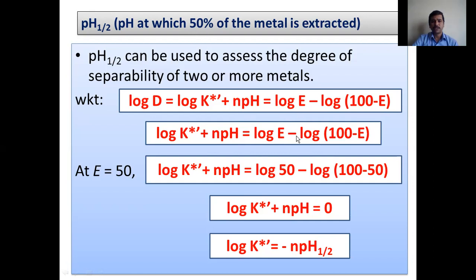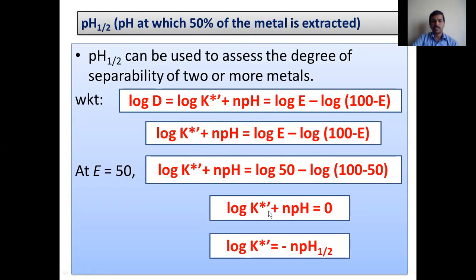At 50% extraction, E will be equal to 50. You just substitute: log K star dash plus n into pH is equal to log 50 minus log (100 minus 50). Log (100 minus 50) is also log 50, so log 50 will be cancelled and you will get 0.